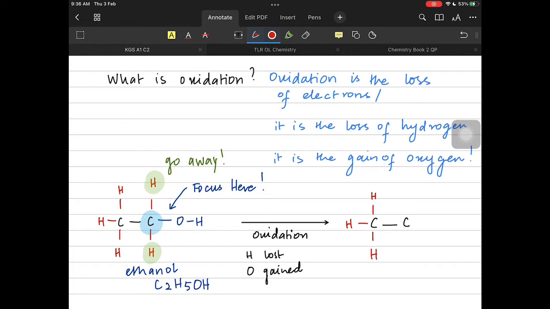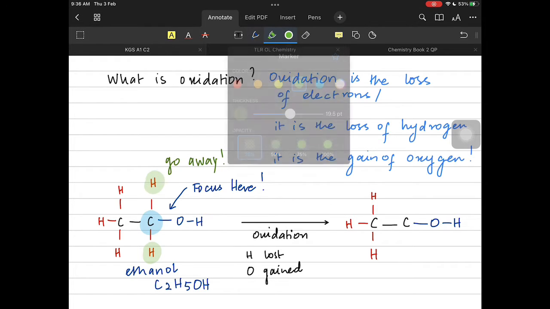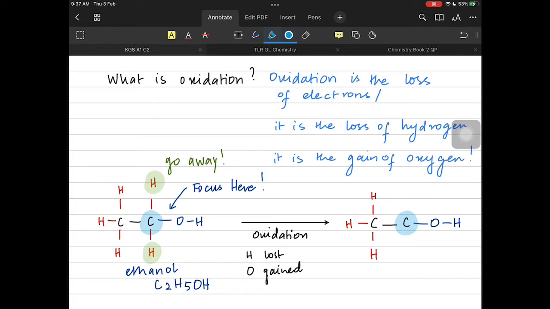And then the other carbon remains the same, so no changes on that. OH remains the same, but once both the hydrogens are gone, on that central carbon we attach something new, and that something new is an oxygen atom with a double bond to the carbon atom.